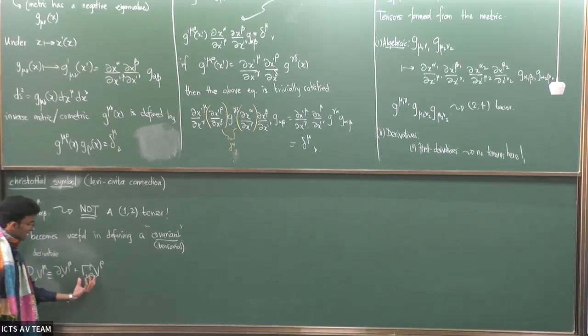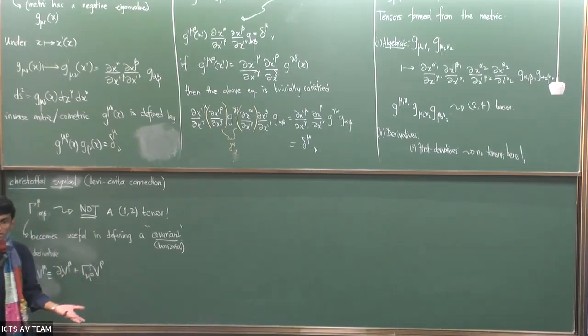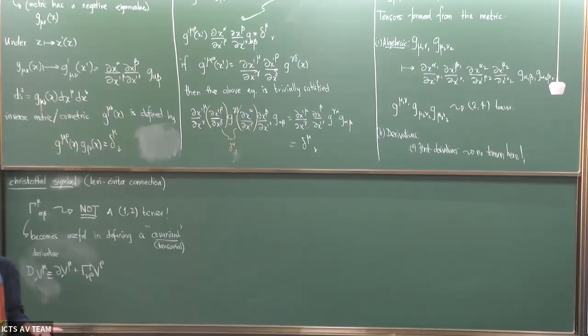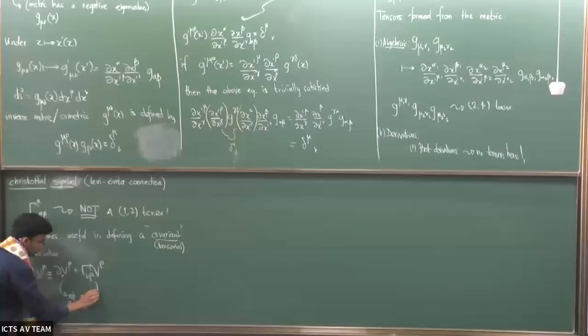So whatever extra piece is here should not transform like a tensor. Does that argument make sense? Because if this transforms like a tensor and this transforms like a tensor, this also has to transform like a tensor. Hence, not a tensor.